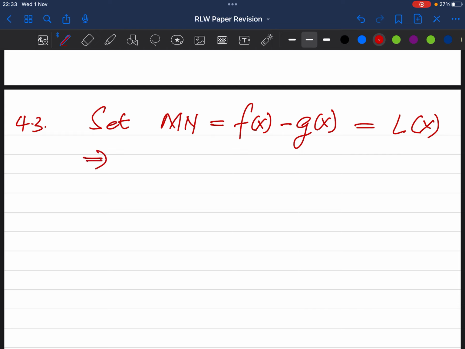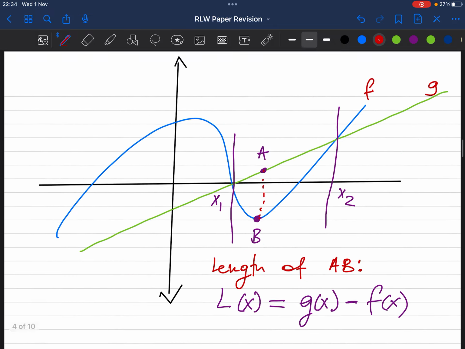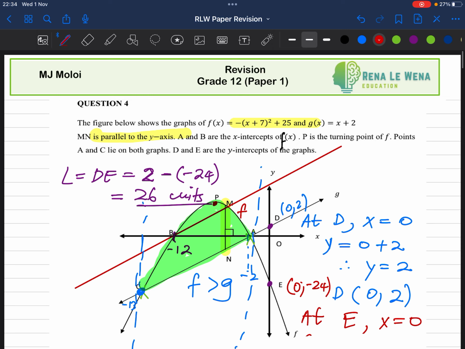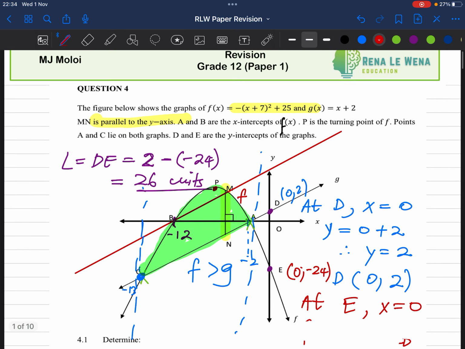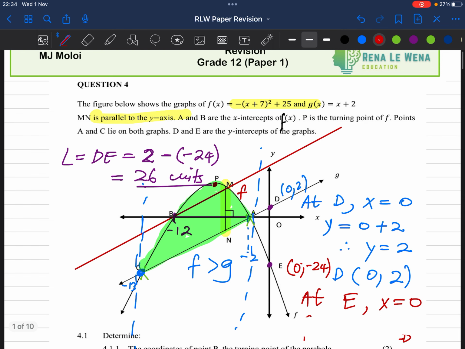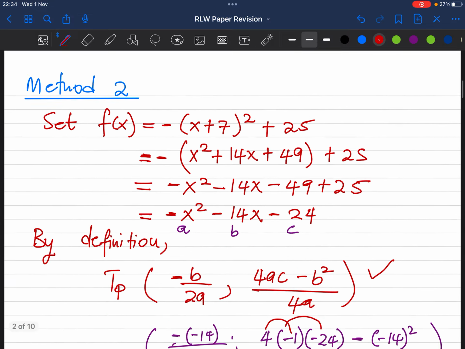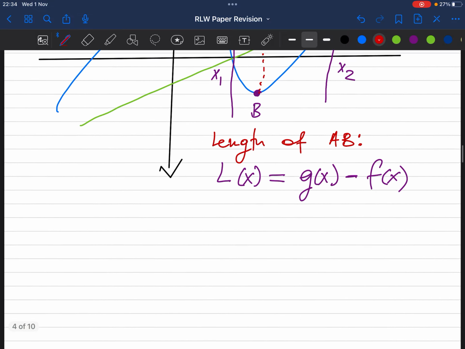So L of x is equal to the above function, which is negative (x plus 7) squared plus 25, minus the below function. Which one is our below function? Let us check. Our below function is just x plus 2.